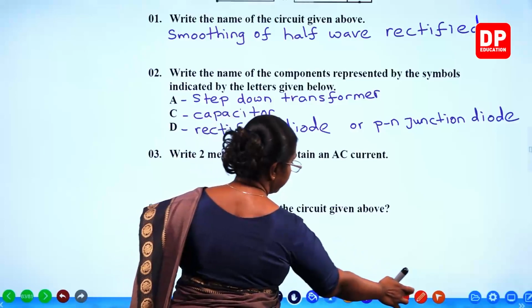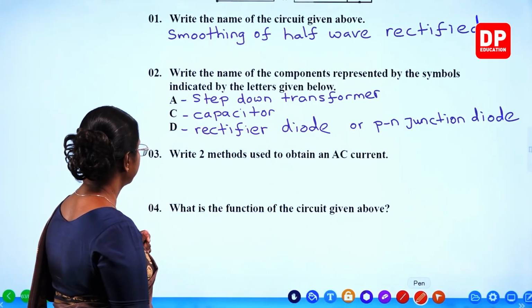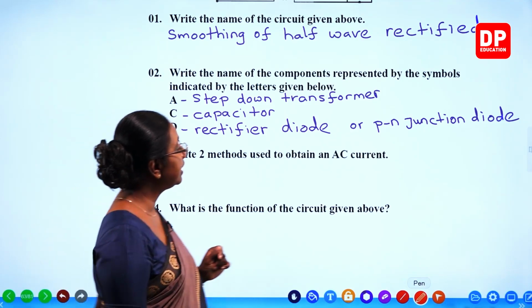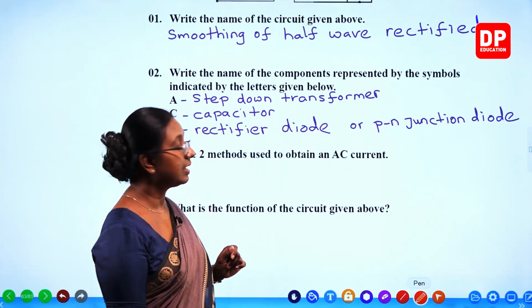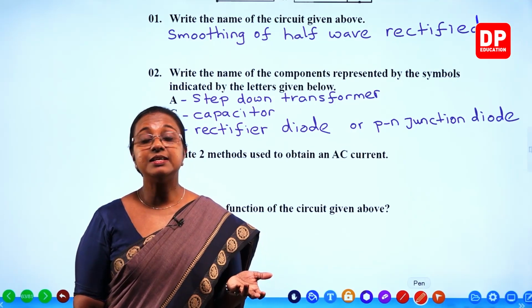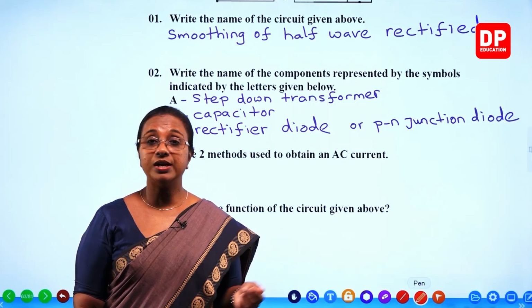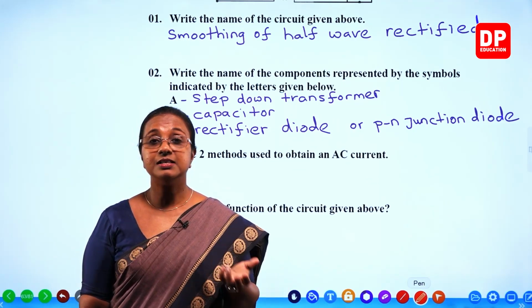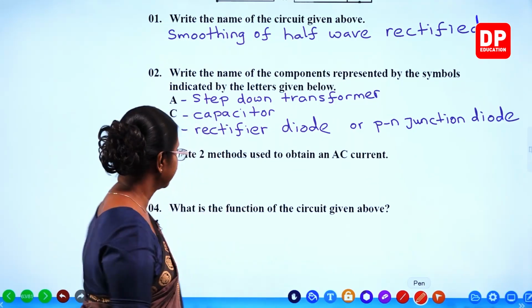Here you can see the third question. Write two methods used to obtain an alternating current, AC current. How can you get that? We can use a bicycle dynamo to get the alternating current, or you can use an alternating current generator. Two ways.